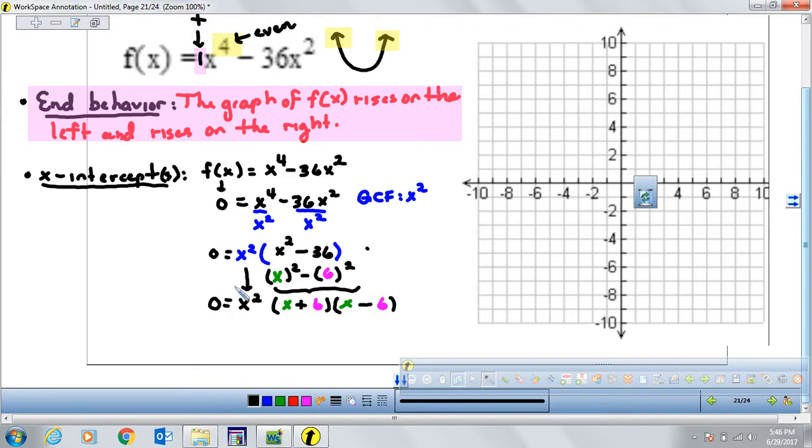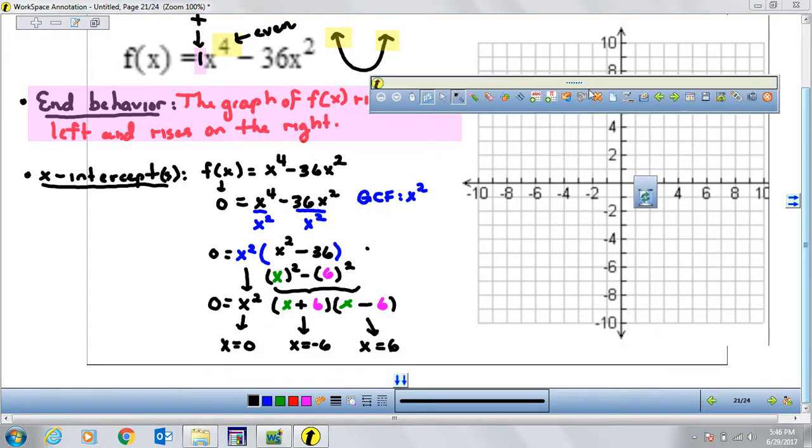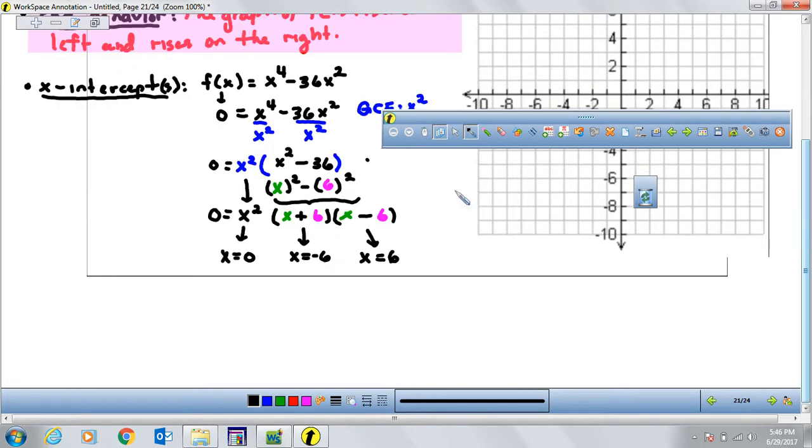Now, to finish the x-intercepts, we're going to set each factor equal to 0 and solve for x. So that's x equals 0, this one is x equals negative 6, and this one is x equals positive 6.